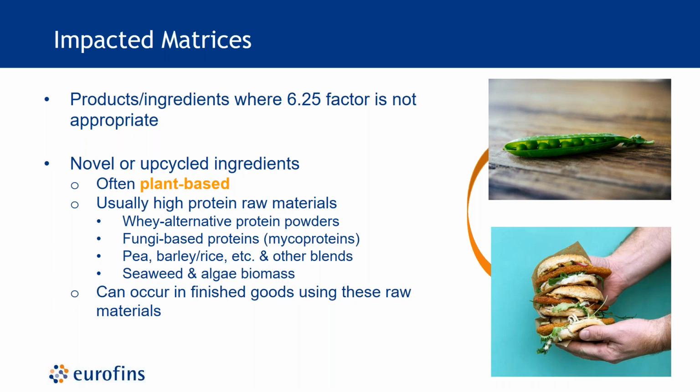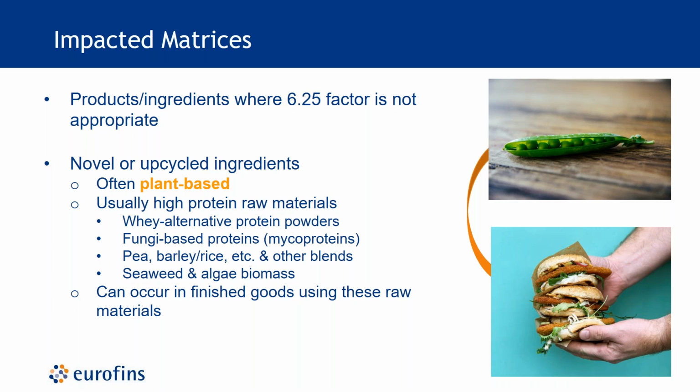Fungi-based proteins, otherwise known as mycoproteins, we definitely see this occur in these types of samples. Also, traditional sources, but when they're isolated from the original source in high concentrations and blended together, so pea, barley, rice, those things we can see.